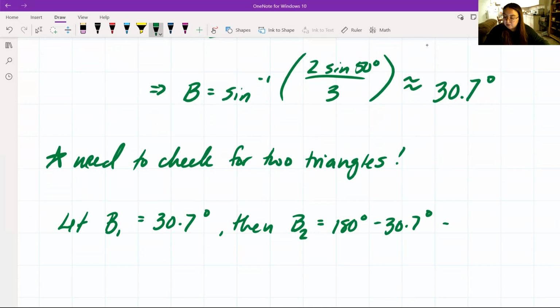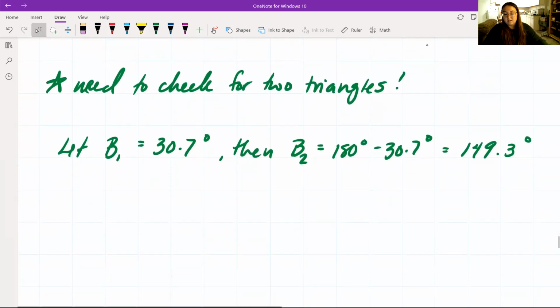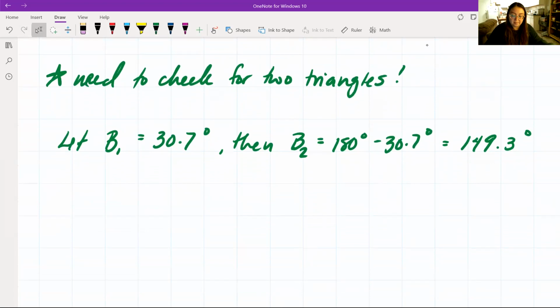What we get is that B sub 2, this theoretical angle of a second triangle, is 149.3 degrees.